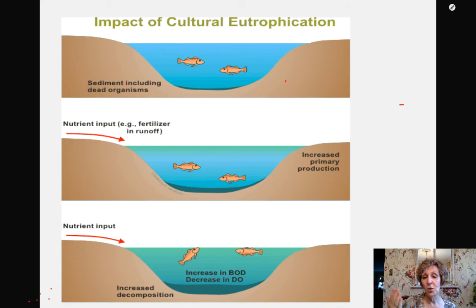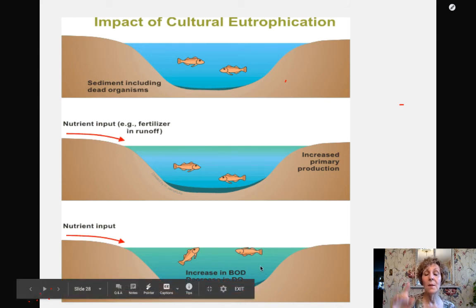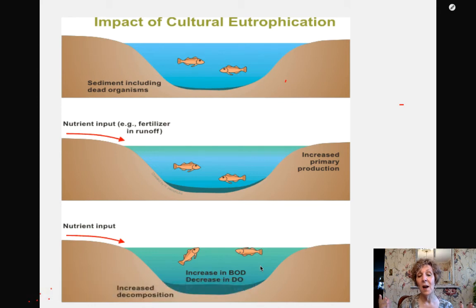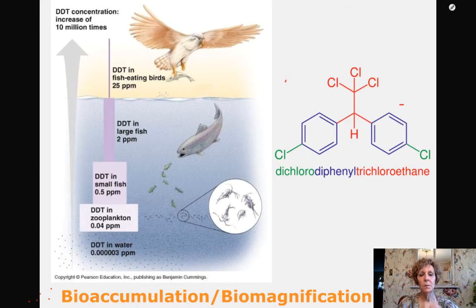So there is an increase in the biological oxygen demand because of the decomposers, and there's going to be a decrease in the dissolved oxygen for everybody. And over time, that would accelerate this process of eutrophication. It can actually cause hypoxic areas of a body of water, or even anoxic, meaning no oxygen at all.